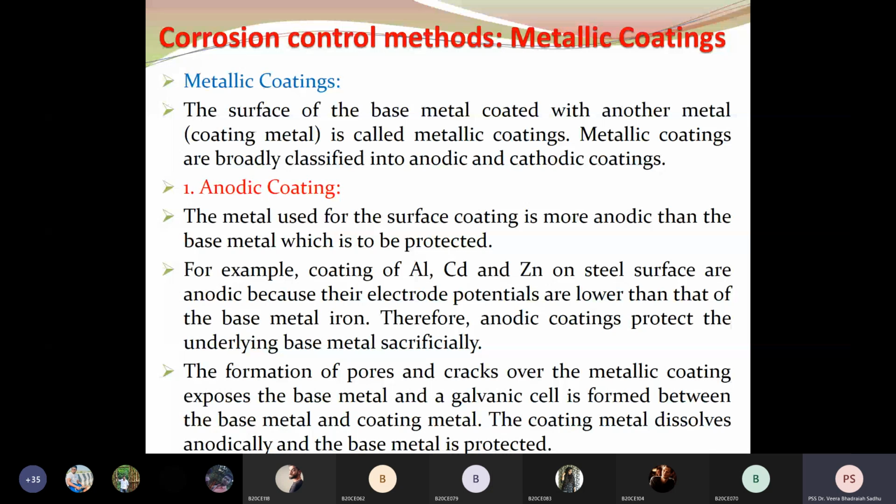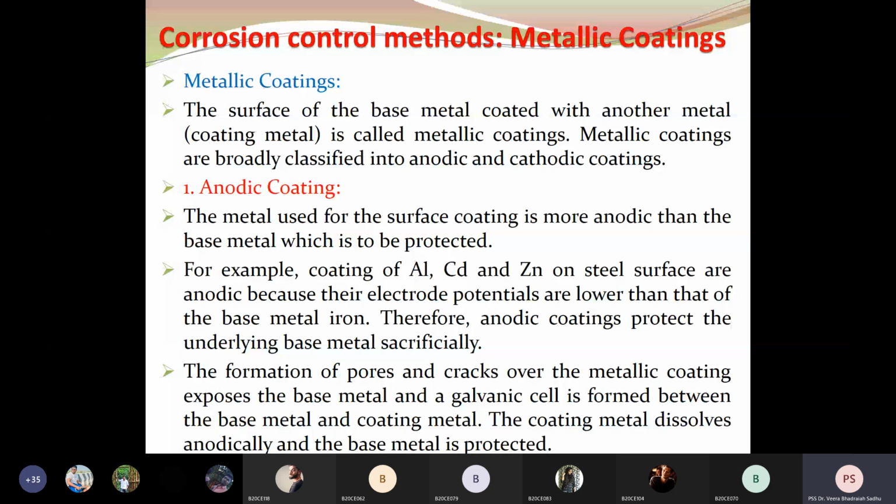So these are broadly classified as anodic coating and cathodic coating. For example, anodic coating: the metal used for the surface coating is more anodic. That means whatever metal is used to coat on the metal is anodic compared to the base metal, which is protected.